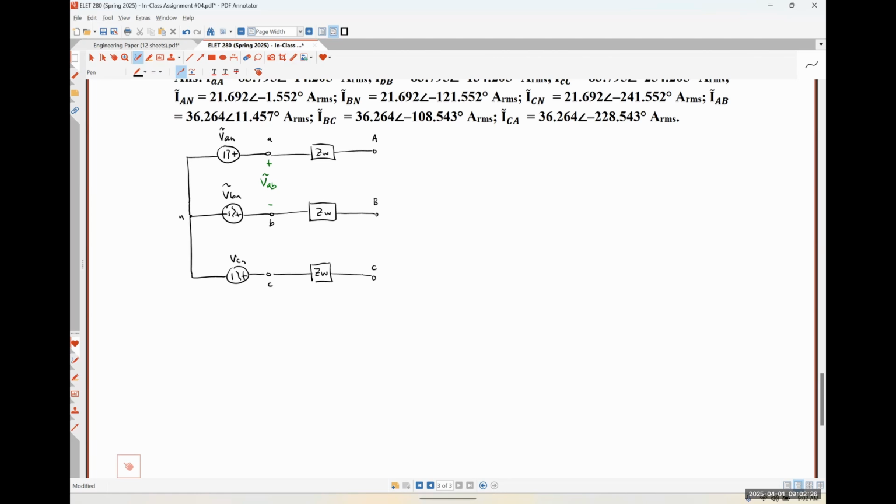Okay. And then lastly, I have to figure out how I'm going to do my two loads. Okay. So I'm going to start by putting in my delta connected load, right? So in my delta connected load, I should have an impedance Z delta connected between the A and B terminals, an impedance of Z delta connected between the B and C terminals, and an impedance of Z delta connected between the C and A terminals. So something like this.